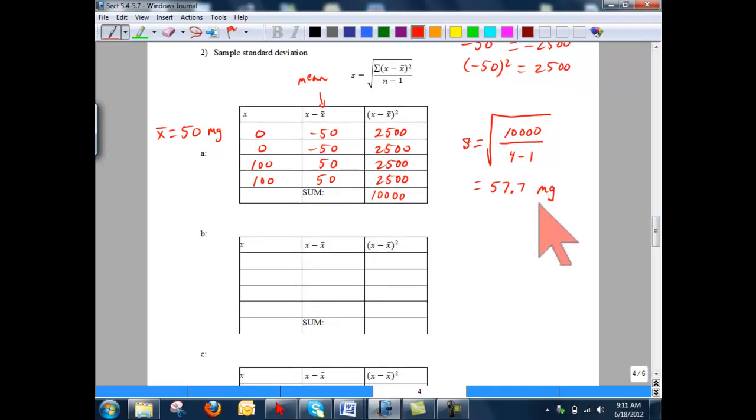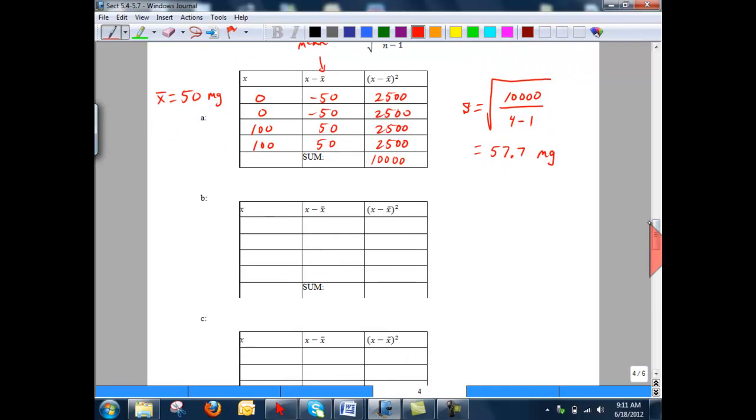Okay, so that number by itself tells you something, but it may make more sense when compared with another example. Let's take the second example where the data went 0, 50, 50, 100. You may want to pause the video and work this example out for yourself, the computations. It would look like here's a negative 50, here's 0, 0, and here's positive 50.